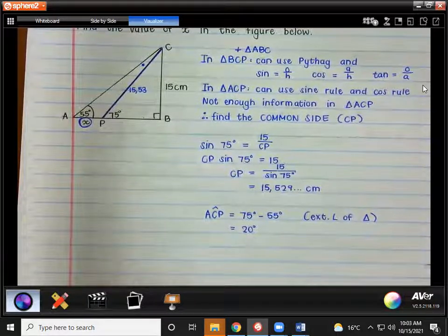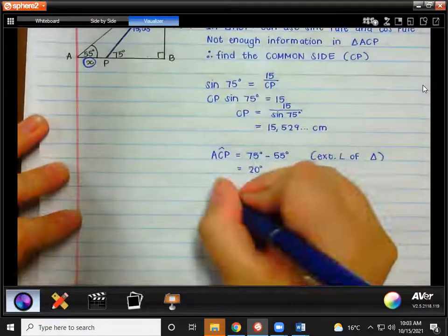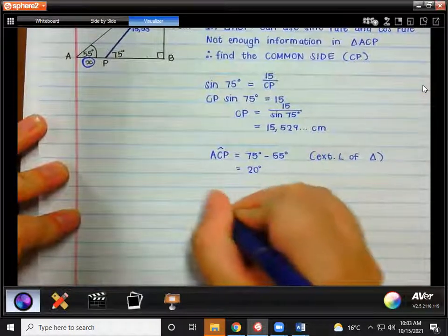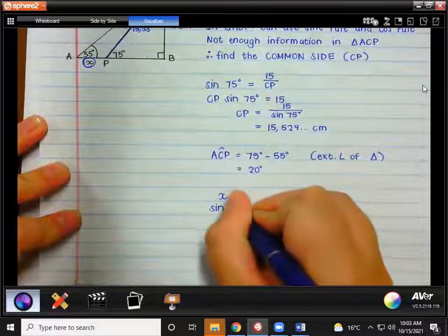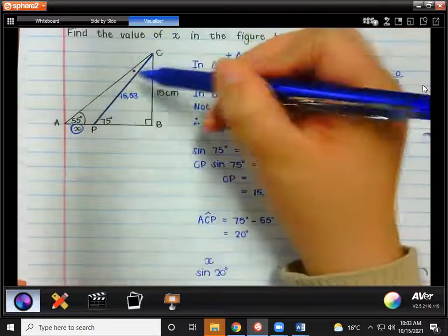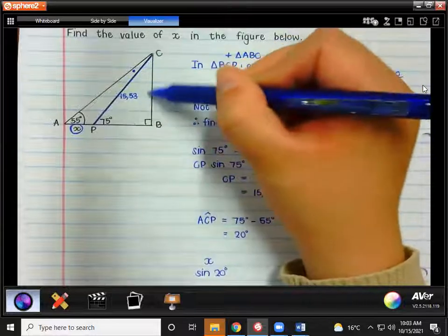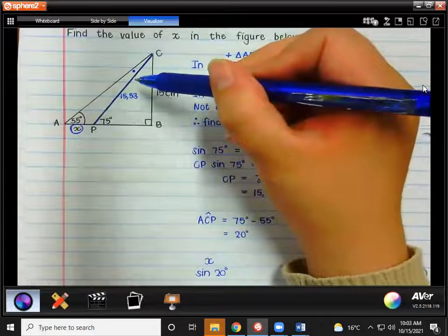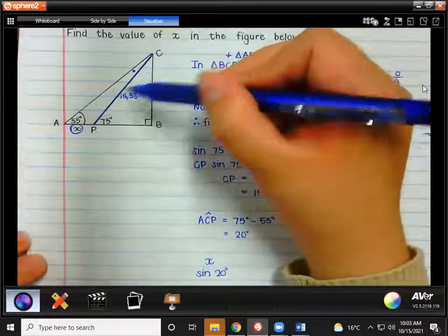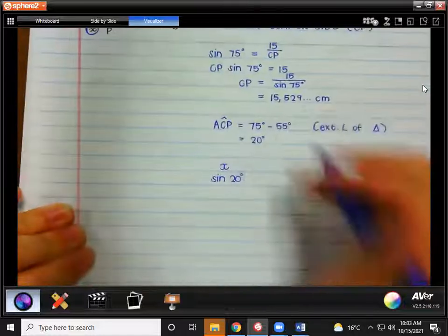Now we can use sine rule to find x. Okay, we now have all the information. So now we're going to say x over sine of 20, because the 20-degree angle is opposite x, is equal to 15,53, which we're going to use the answer button for, over sine of 55.